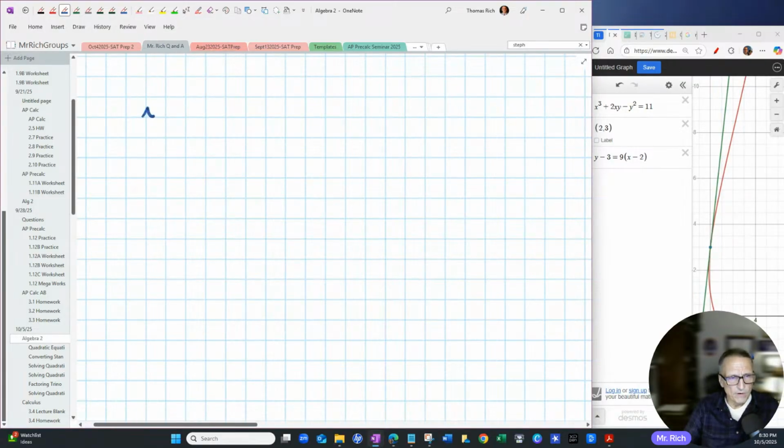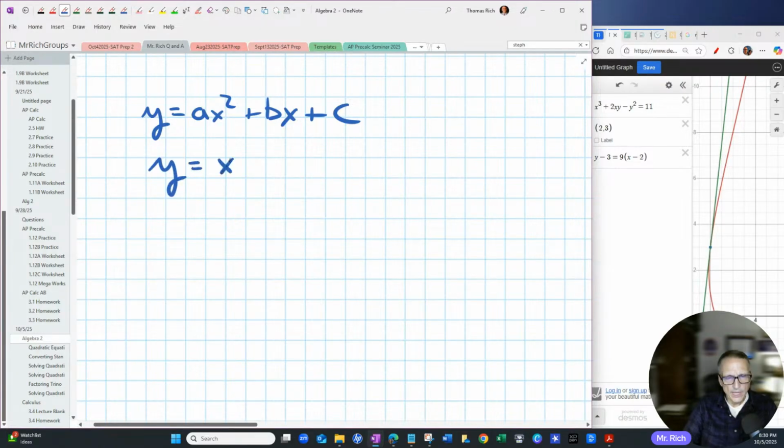We start with the fact that quadratics are often written in what we call standard form, ax squared plus bx plus c. And what we know about quadratics that are written like this, and I'll give you an example of one, right? y equals x squared minus 7x minus 18, where a would be 1, b would be negative 7, c would be minus 18.